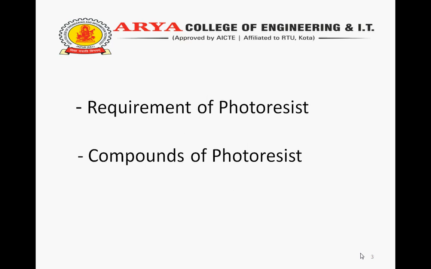Components of photoresist. The photoresist used for IC fabrication has mainly three components. First is a resin or base material. Second is a photoactive component, PAC. Third is a solvent that controls the mechanical properties.